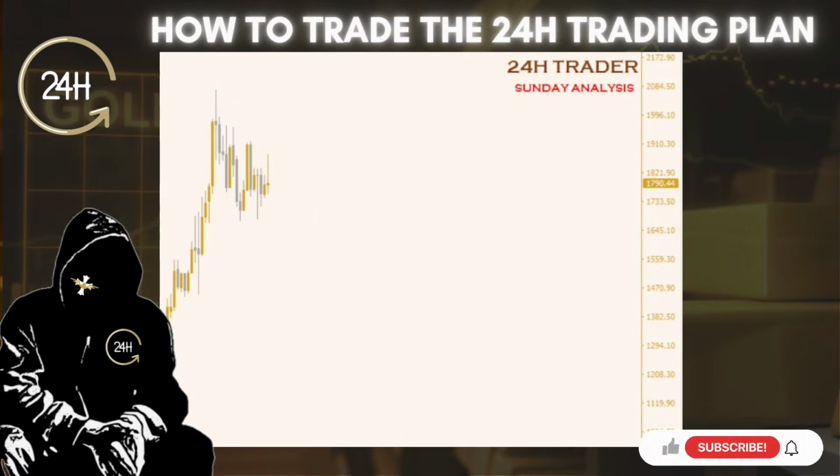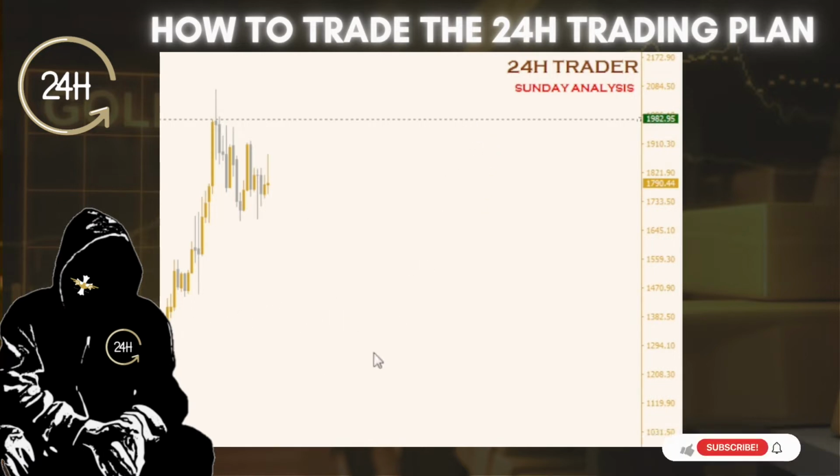But what we're going to do on the monthly time frame is that we will only mark the support and resistance level, because it's important for us to mark these areas.